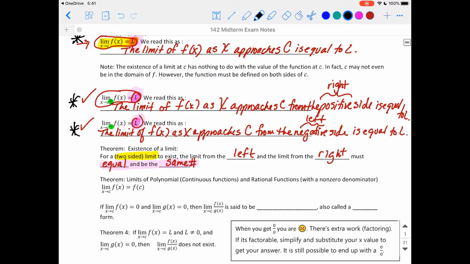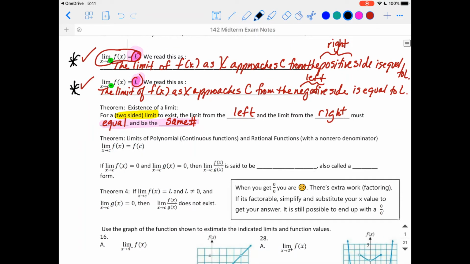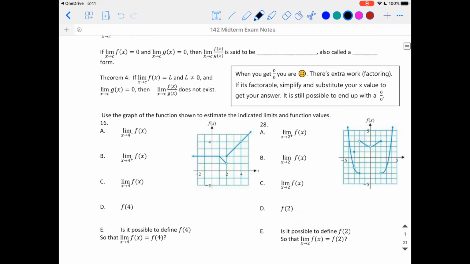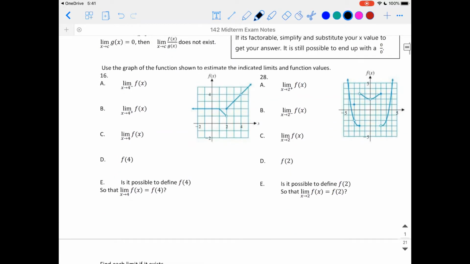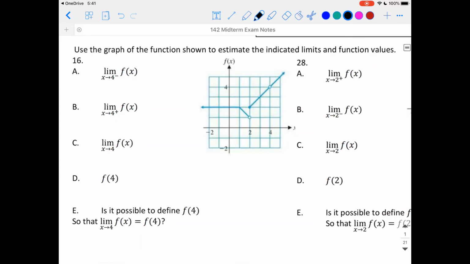Okay, so let's see here. Instead of doing this theorem, let's look at these examples here. It says use the graph of the function shown to estimate the indicated limits and function values.